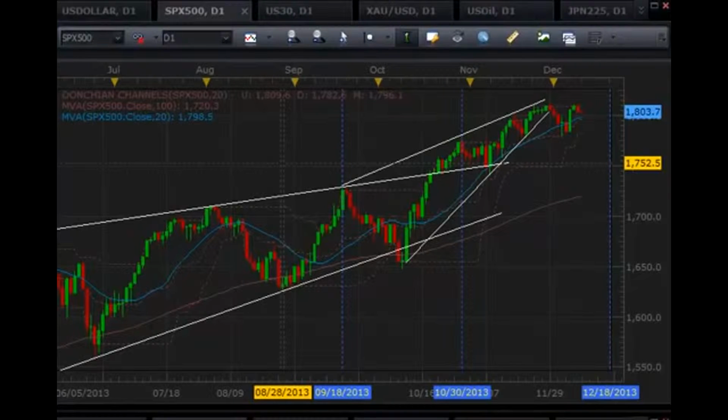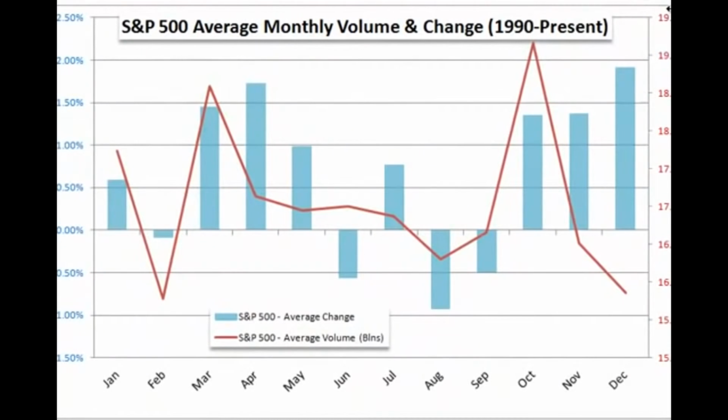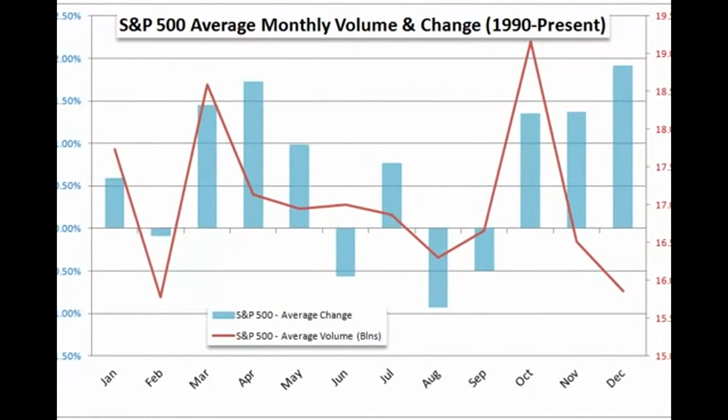There's consistency in performance in terms of gains through December. In fact, I'll show it here. December is a strong month for the S&P 500 on average, and it also happens to be an exceptionally quiet month. So we typically see positive performance in gains.